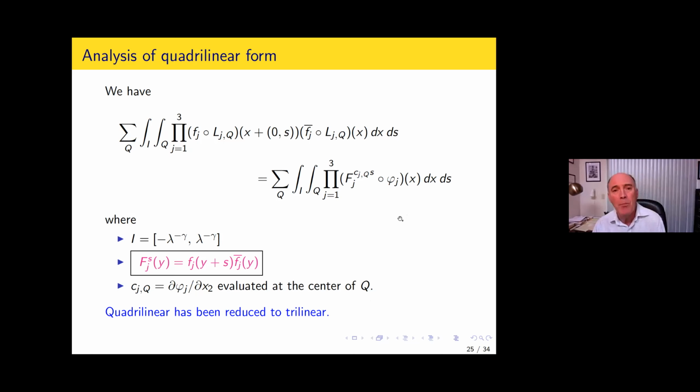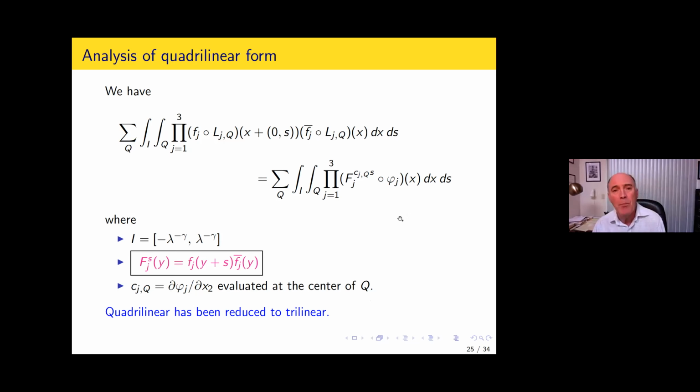So here we use Fourier analysis. For each parameter s, I have this capital Fj. It's a function of a single variable y, and I expand it in local Fourier series with respect to y. So on intervals of side length lambda to the minus gamma, capital F sub j is a sum of Fourier coefficients, which I'm calling A, times characters.